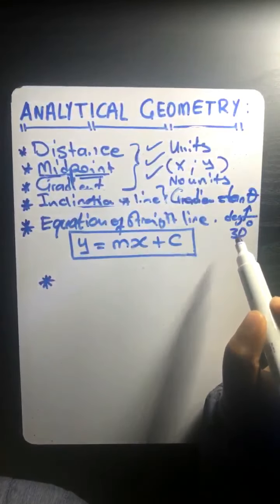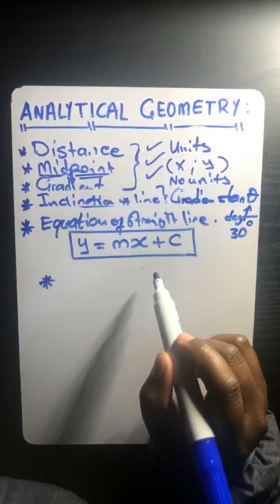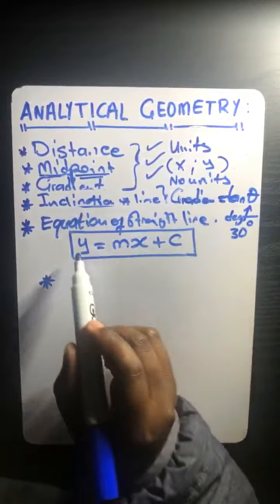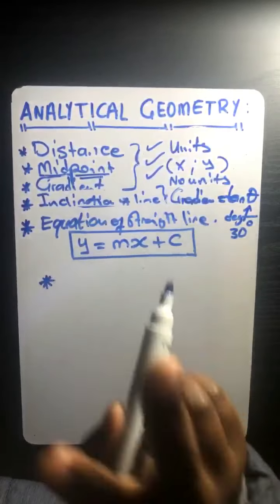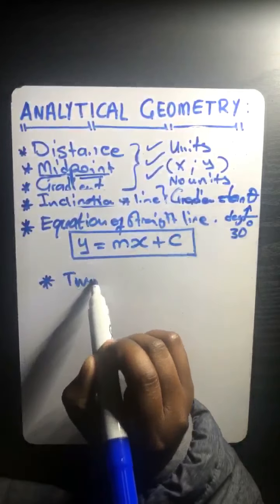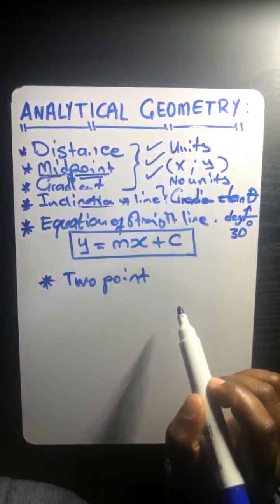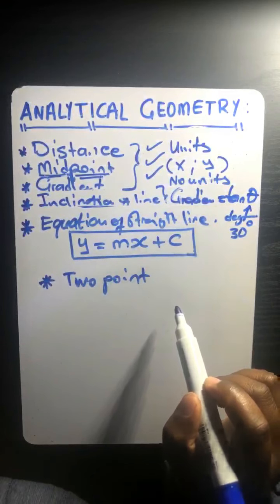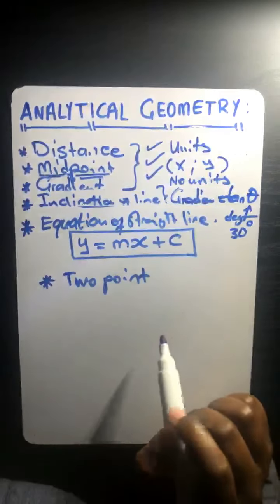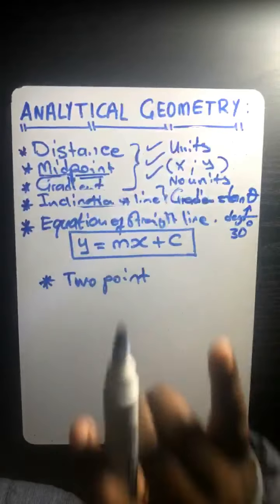So here we are now on an equation of a straight line. When you determine an equation of a straight line, you need two things. You must be given 2 points again. But the examiner might try to be smart and not give you 2 points, and say that mountain has got a gradient of this much, and they give you 1 point.